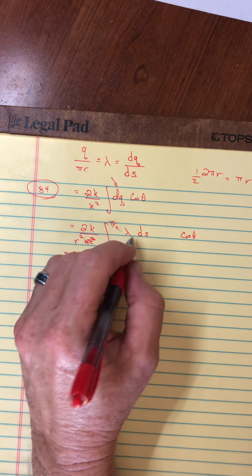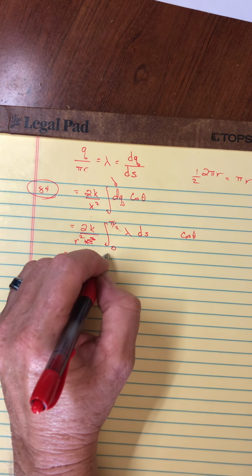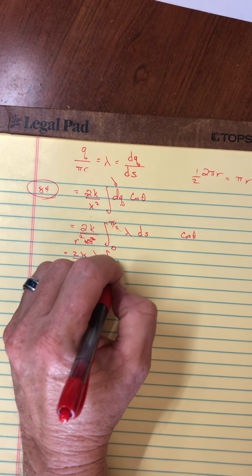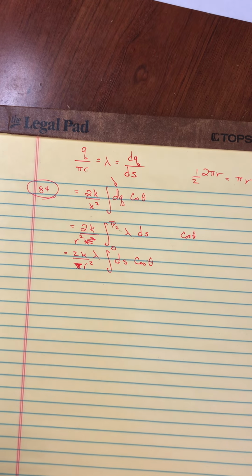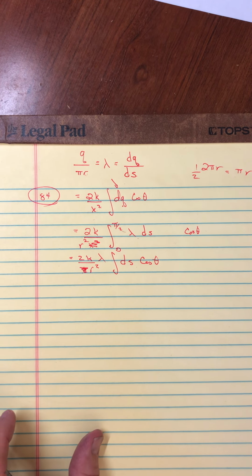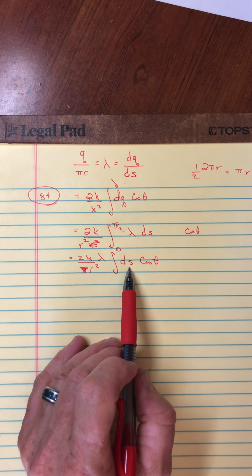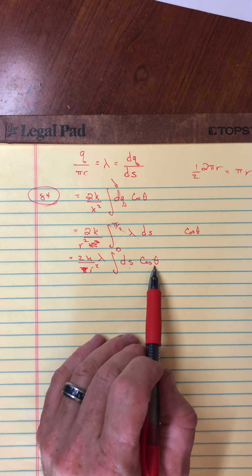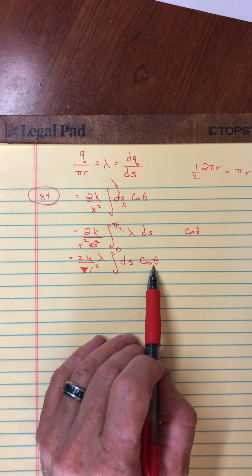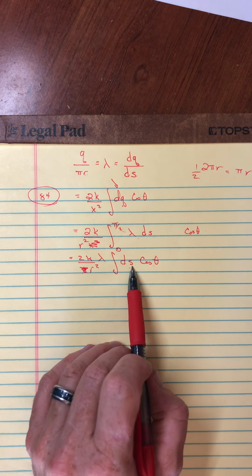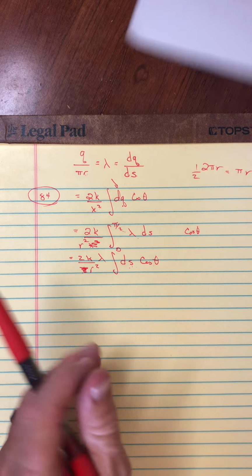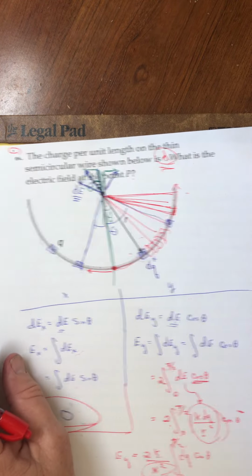Then I can come to this integration, and so there's my lambda, and then I just have an integration of ds, and of course cosine theta. Now, of course, I know what you're still thinking, that, okay, this theta changes, so I really need to write theta in terms of the ds. Otherwise, I have a harder problem, a multivariable one, and they are connected together.